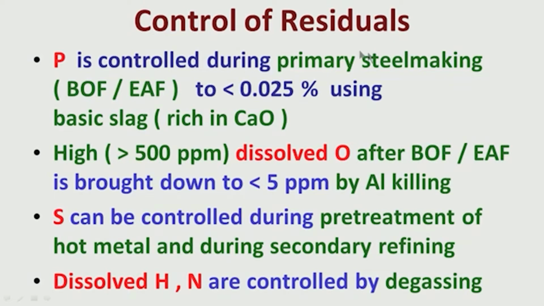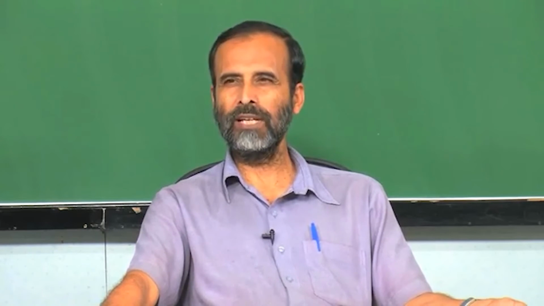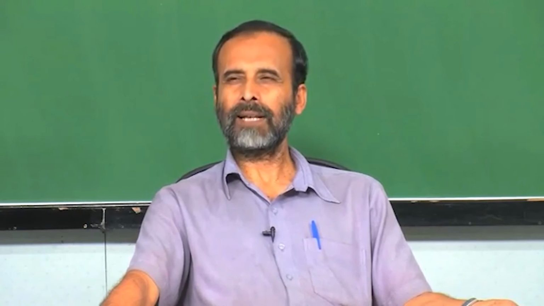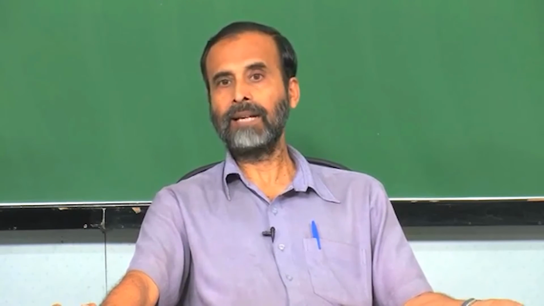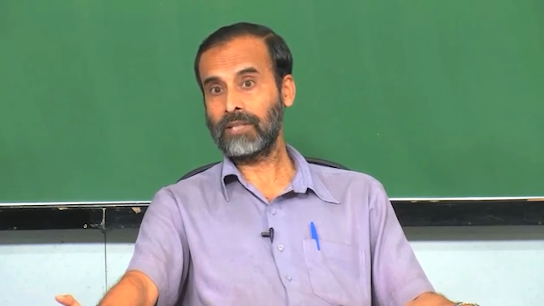Primary steel making is essentially an oxidation reaction. We are putting oxygen in steel to take care of the undesirable elements like carbon, silicon, manganese, to control them, because the starting point for steel making is the hot metal or the iron ore, or it may be the scrap, where a lot of carbon may be present.